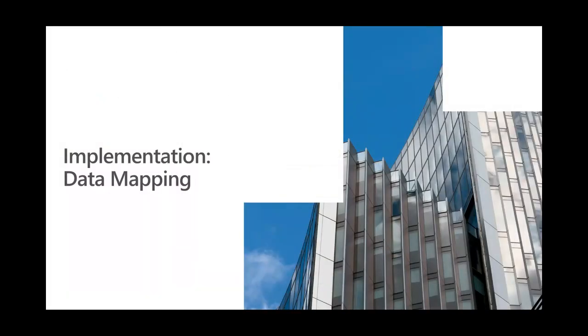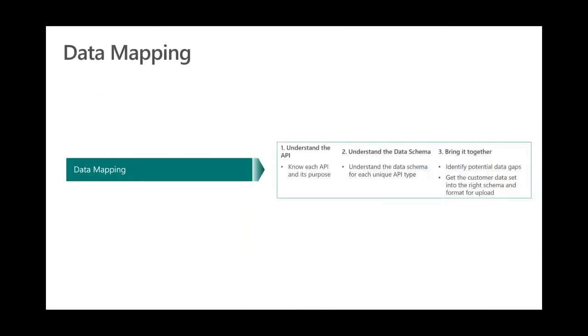Now, a few notes on implementation. As part of implementation, customers are to give their e-commerce data points for data mapping. We need to go through the APIs, their purpose, the data schema behind each API, and identify and map customers' data schema.